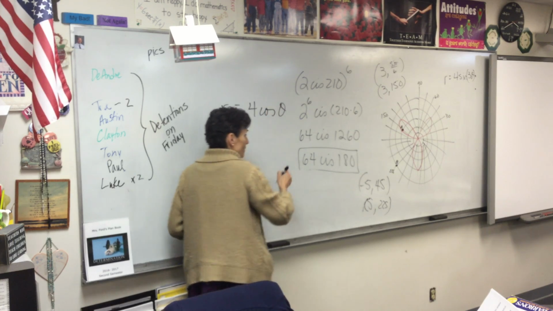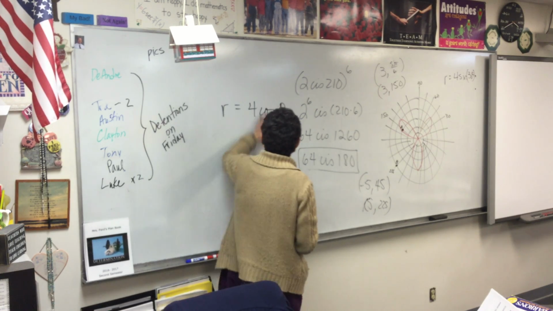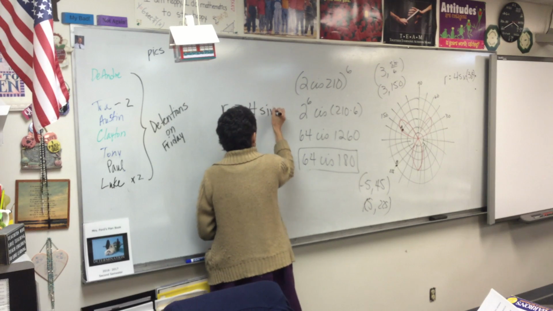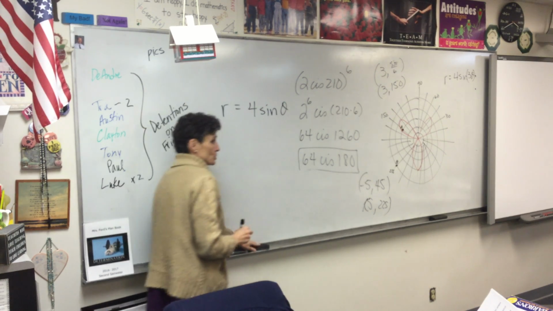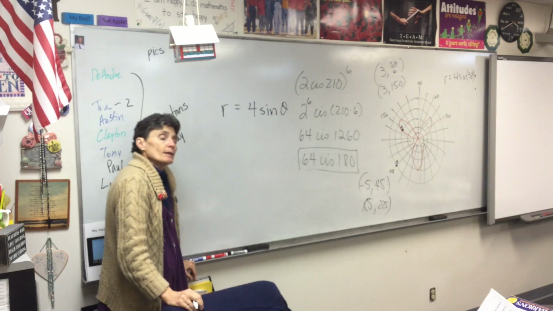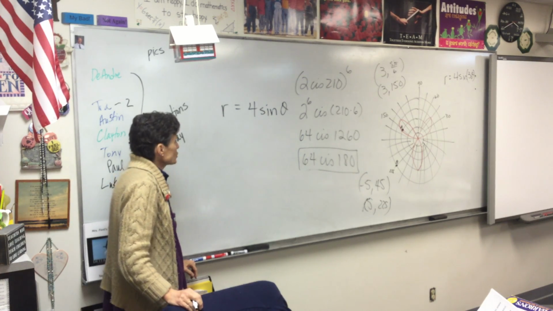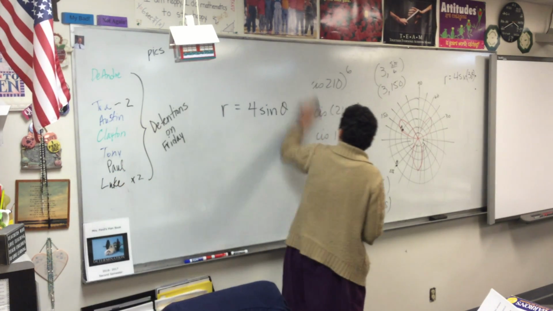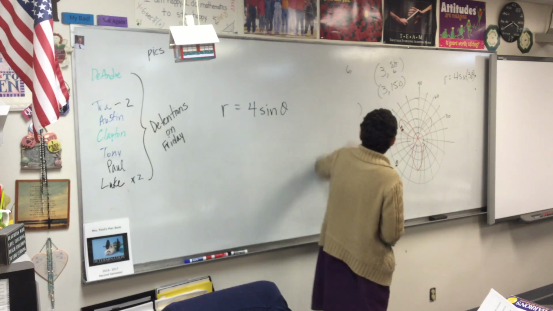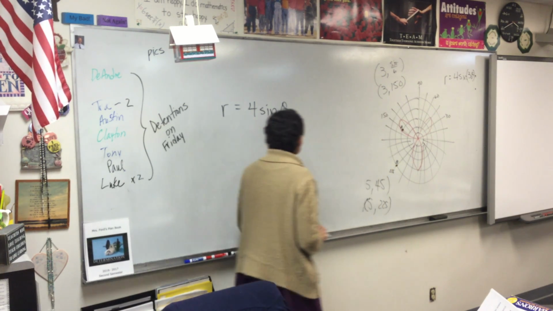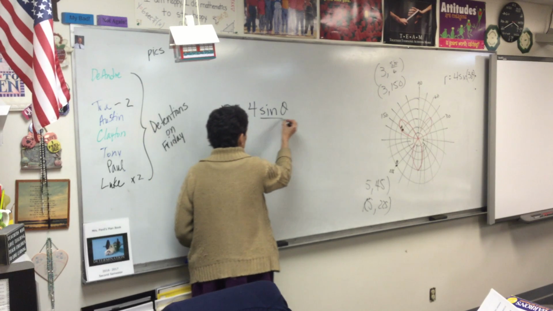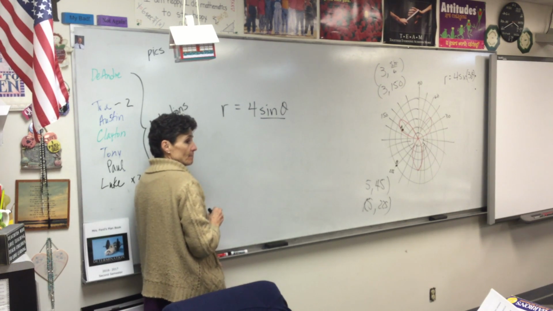All right. I can't remember, was it sine before? All right, so here we go. If we want to change this equation into a rectangular equation, the first thing we have to do is get rid of that.